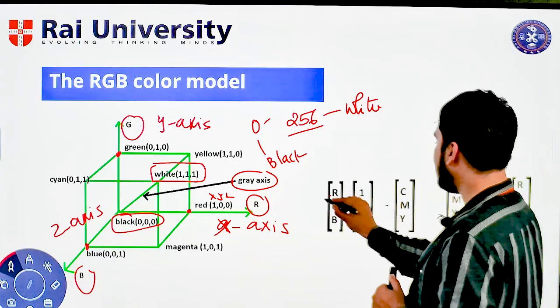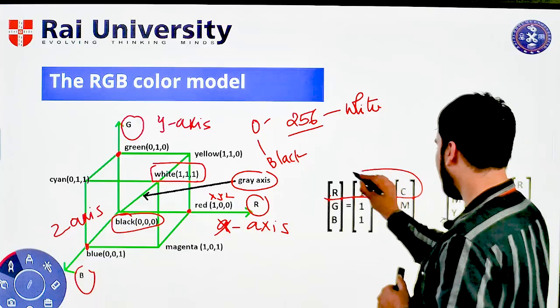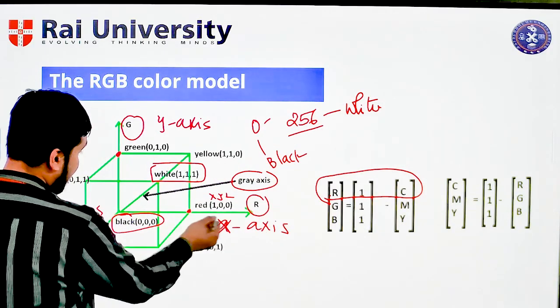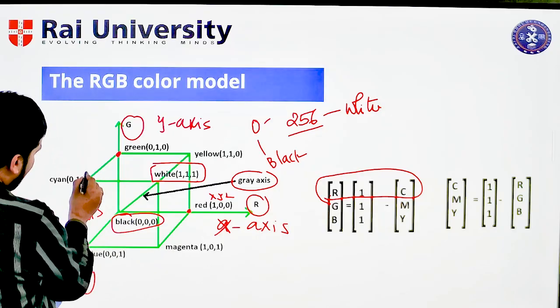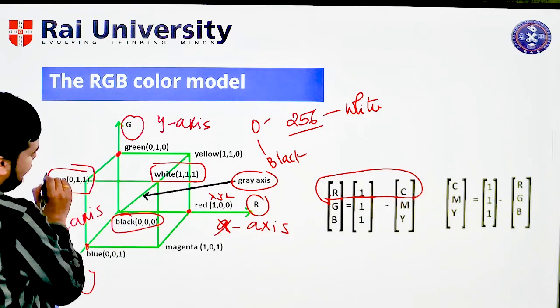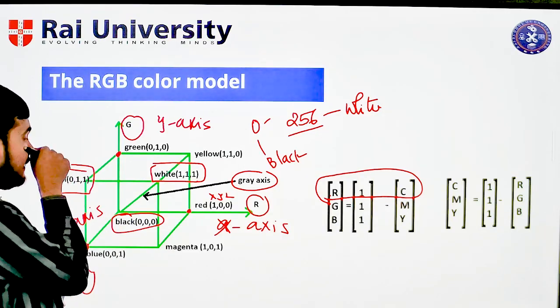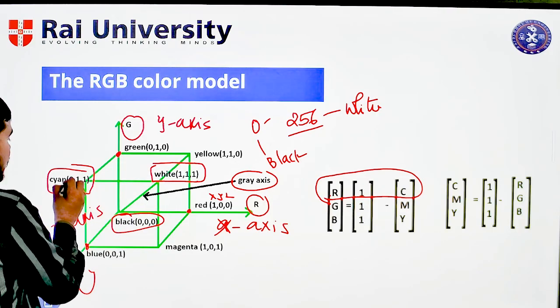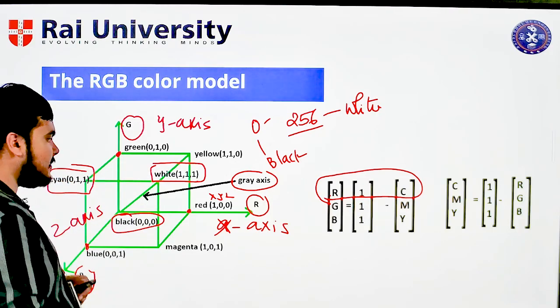So red is completely opposite to cyan. Basically R is present on the x-axis, so whatever is not present on the x-axis is considered cyan. So this value is 0 1 1 because the x-axis is not present.